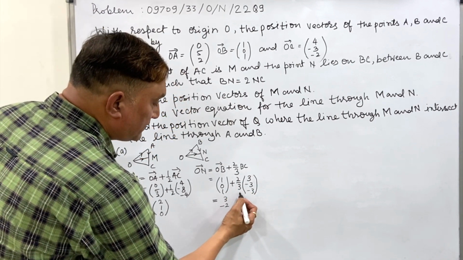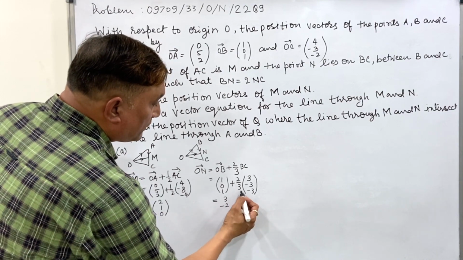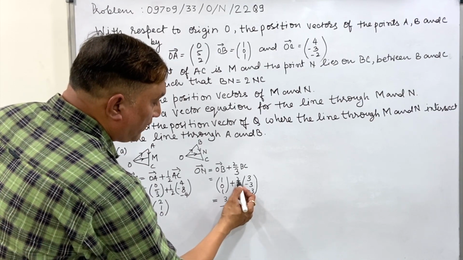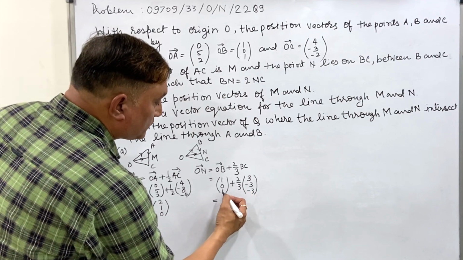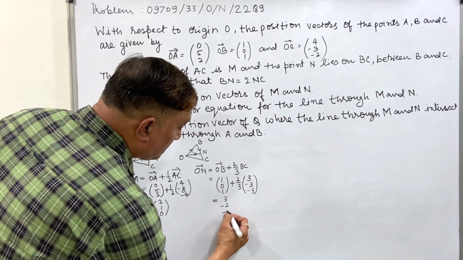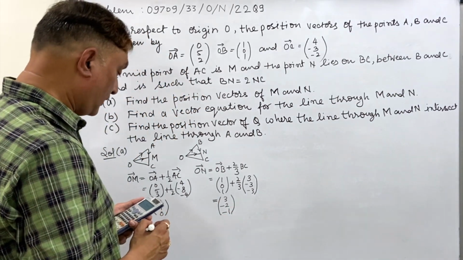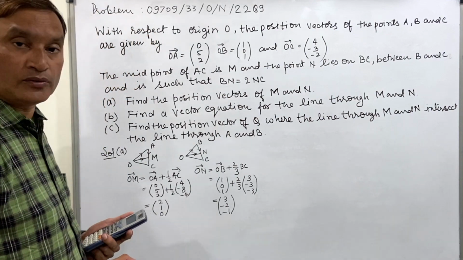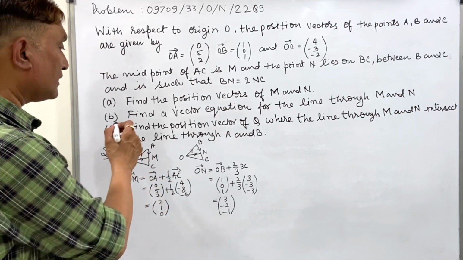And the last one is -1, so here -1 and here is 2, so it would be -2, so 1 minus 2 would be -1. So this is the answer for ON vector.